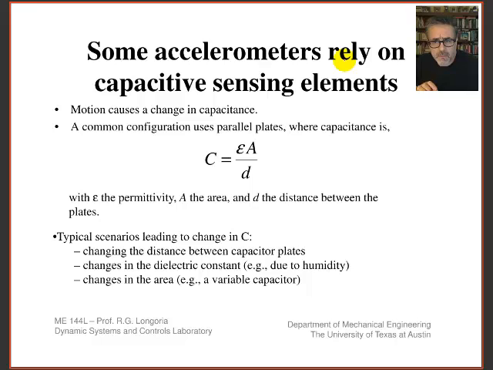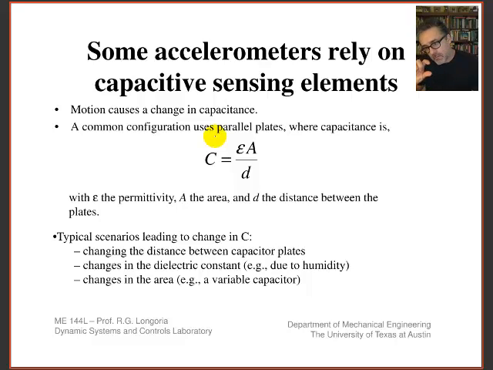We've talked a little bit about piezoelectric, but capacitive sensors take advantage of changes in capacitance. In this case, you might have essentially two plates, and remember what I mentioned when we started this discussion. When you have that mass moving and you have a spring-like element in there, what you want to detect is that change in the spring deflection, and a capacitive element is a really good way to do that.